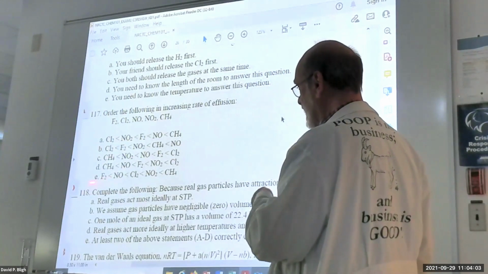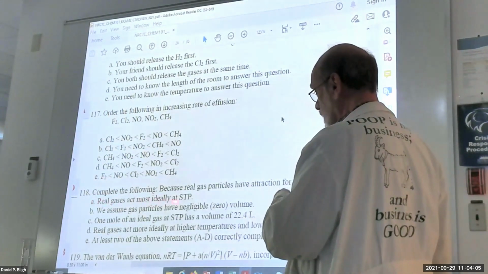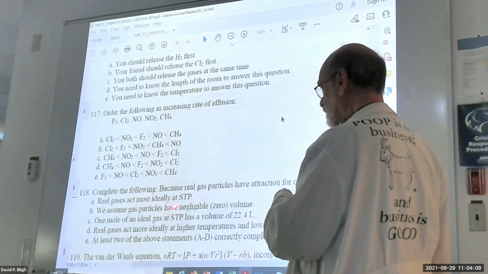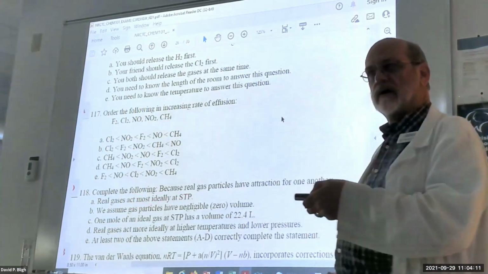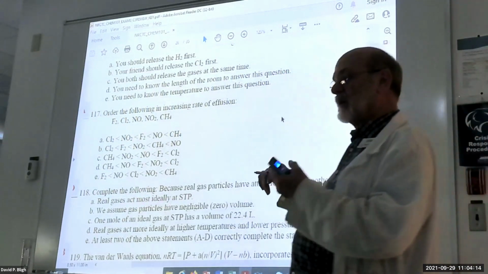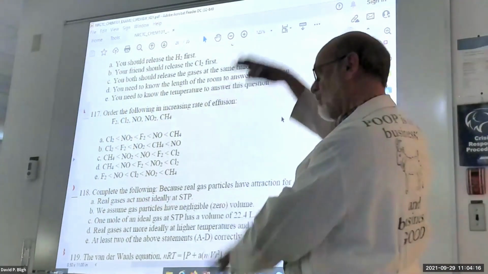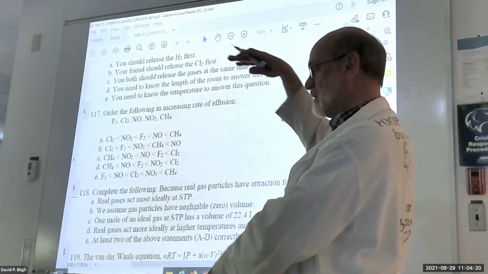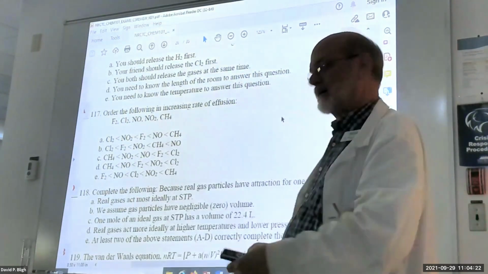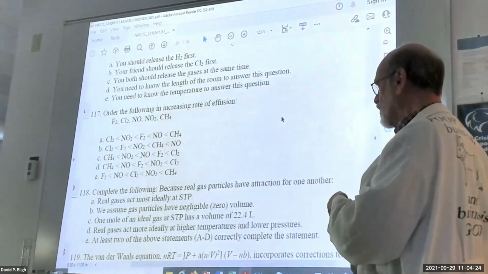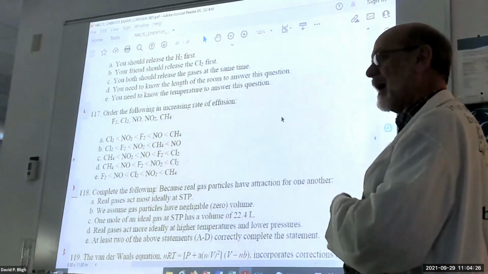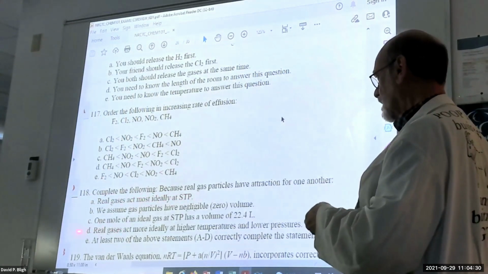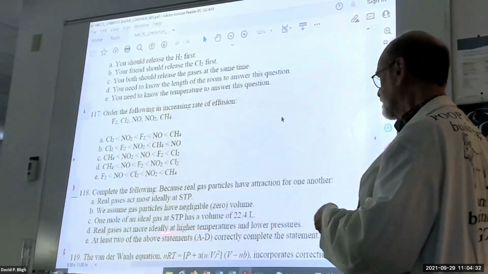The key that eliminates the other one is "most ideally." They're not most ideally at standard temperature and pressure, because what happens if the pressure goes up or down? It's supposed to be most ideal in the middle, but it's not. It's when the pressure goes low and the temperature goes high. So A has to be false. D is the only one that fits.